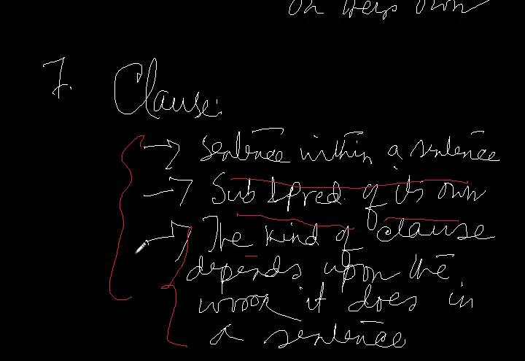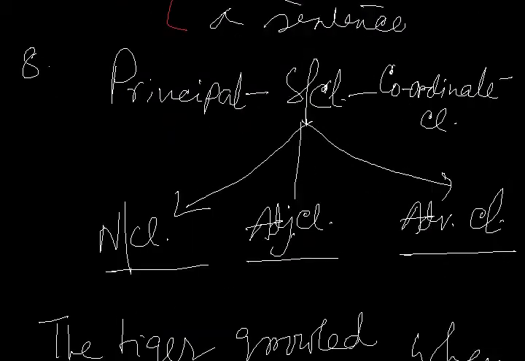You have just seen the example. So you have to identify the work it does in a sentence to identify the clause. Clauses are of three types: principal clause, subordinate clause, and coordinate clause. Subordinate clauses are of three types: noun clause, adjective clause, adverbial clause.